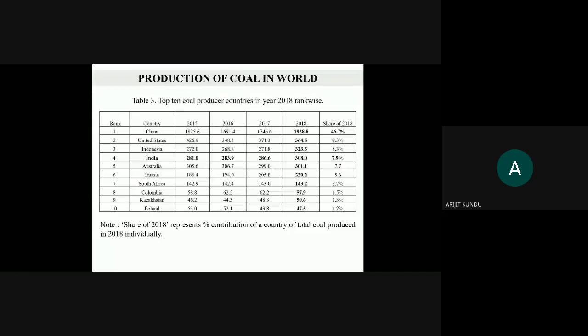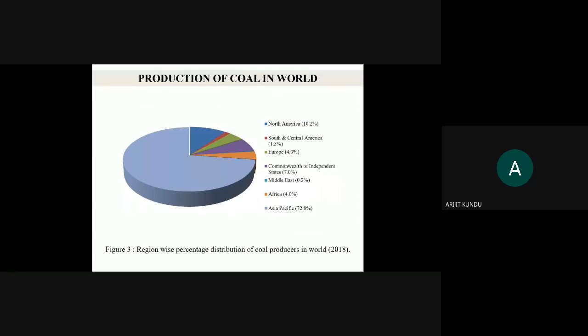These are some of the top 10 countries of the world in terms of production of coal. Okay, this is the region-wise percentage distribution of coal production in the world in 2018. Once again, Asia Pacific has the highest production, 72.8%, and North America has 10.2%, and some other regions are also discussed here.